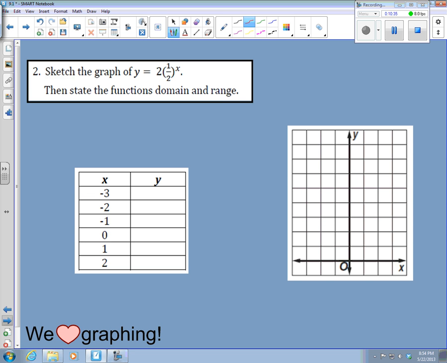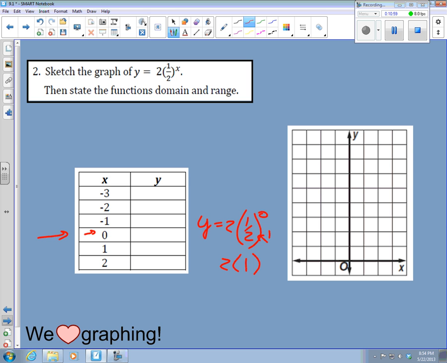And graphing this one. Well, let's find our y-intercept first. And that's where you're going to plug in 0 for your x, or your exponent. So I'm going to get y equals 2 times 1/2 to the 0 power. Anything to the 0 power is 1, so 1/2 to the 0 power becomes 2 times 1.